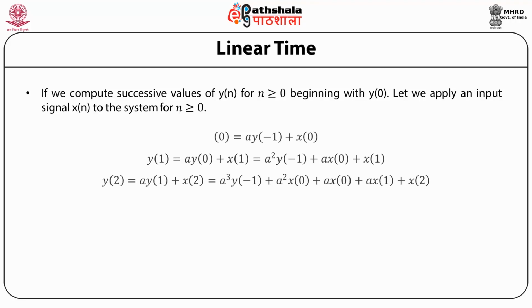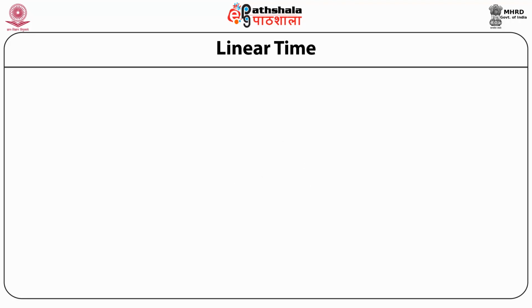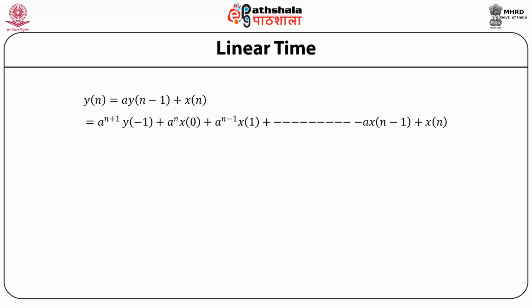So we have y(0) equal to a y(minus 1) plus x(0), y(1) equal to a y(0) plus x(1) equal to a square y(minus 1) plus a x(0) plus x(1), y(2) equal to a y(1) plus x(2) equal to a cube y(minus 1) plus a square x(0) plus a x(1) plus x(2), and so on.